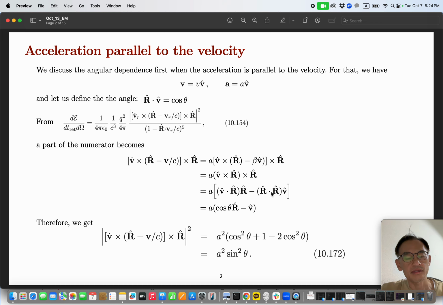R unit dotted with R unit is unity, so you have this. If you square it, you are squaring this whole thing, which gives cosine square theta plus 1 minus 2 times cosine square theta, which is a squared sine square theta.